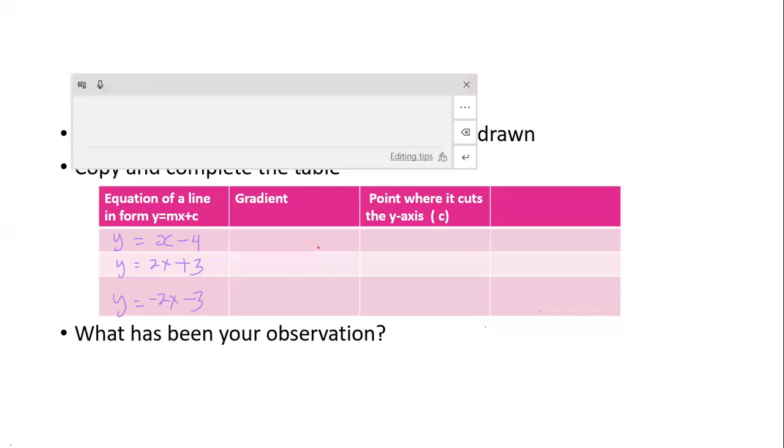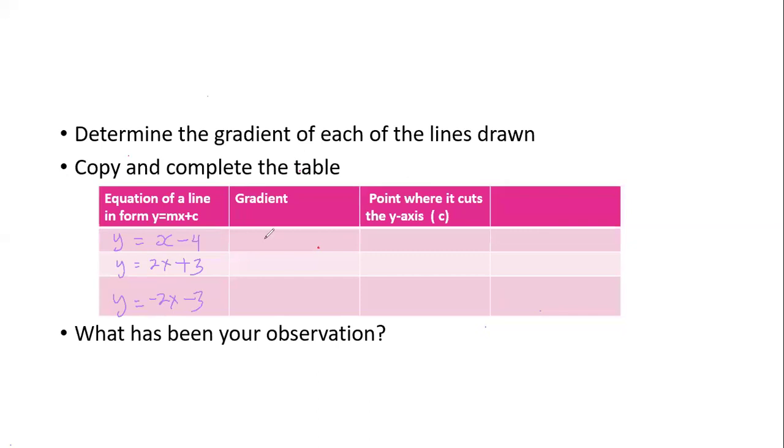Okay, Patricia. My gradient for the first one is 1. Second one is 2. The third one is -2. Okay, good.